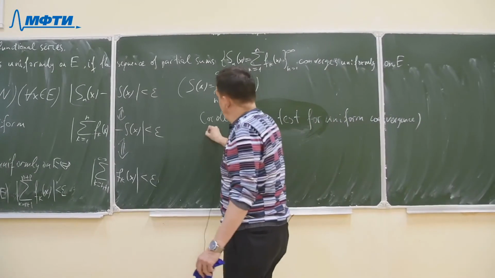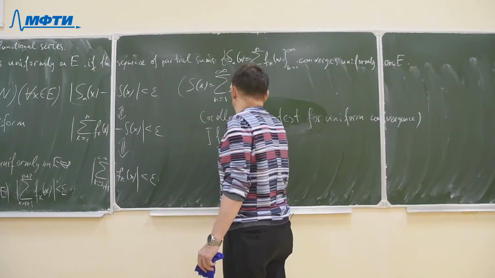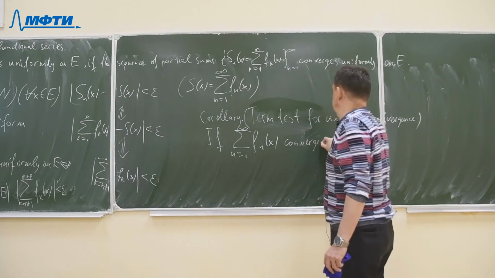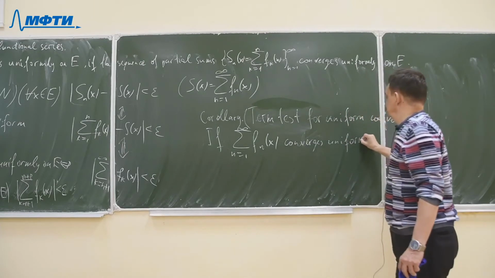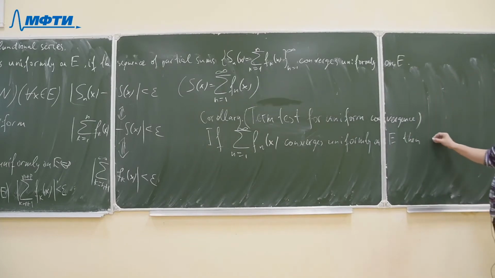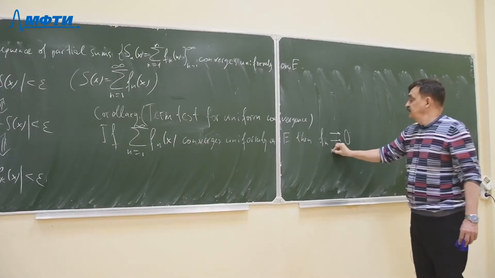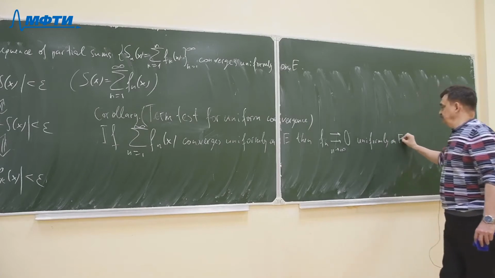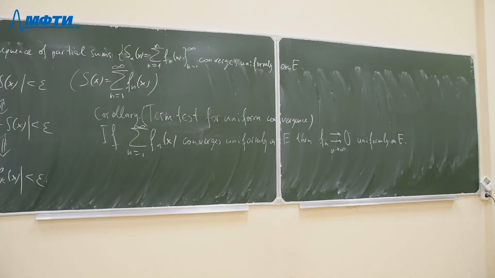So if the series converges uniformly on E, then f_n converges to 0 as n tends to infinity uniformly on E. So if we have a uniformly convergent series, then the general term f_n converges uniformly to 0.